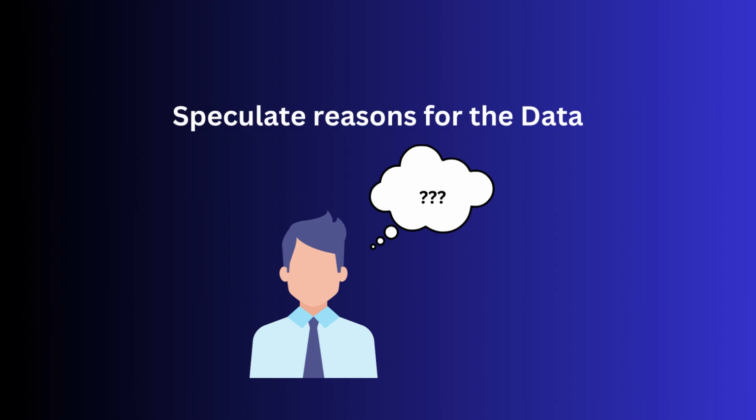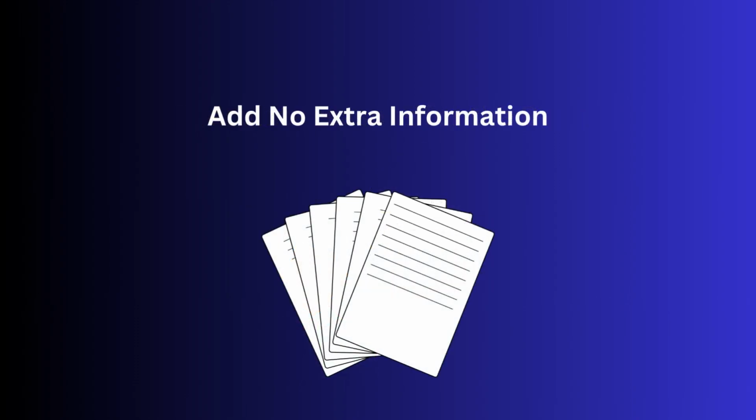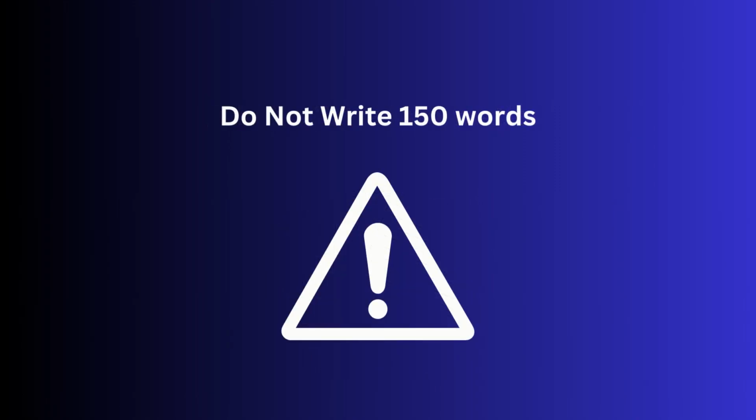Also do not add irrelevant or extra information just to increase your word count. Trust me, if you follow the pattern I'm going to explain, you will easily achieve 150 words. You don't have to write anything unrelated to the topic. If you don't write 150 words, that is another place where you can lose a point.